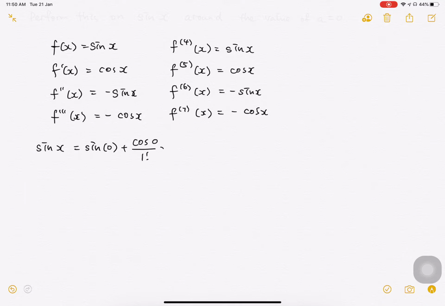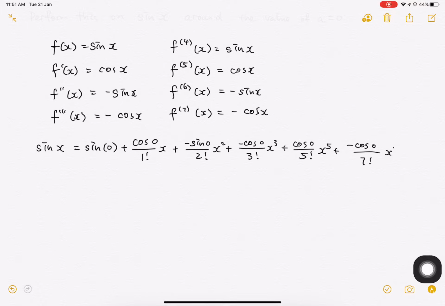Cosine 0 x. Okay, so we know that this is 0. This also is 0.